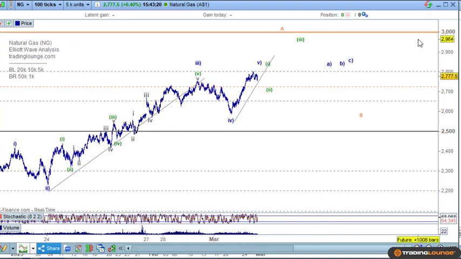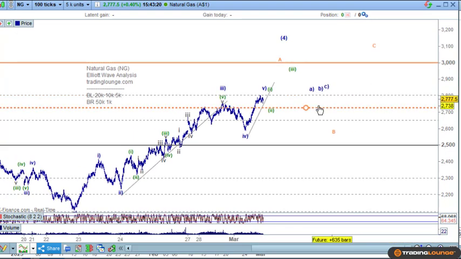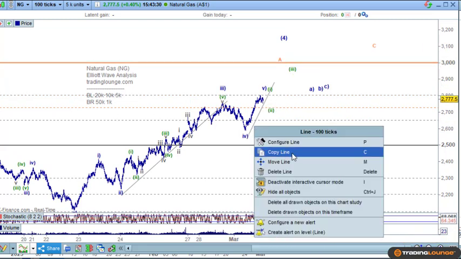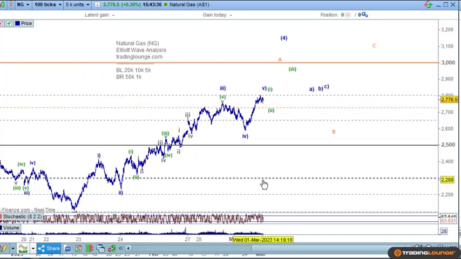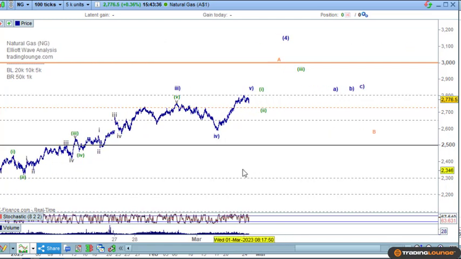I know that as an A wave here, or wave 1, it would like to get to this big number up here. So it could stretch itself up there. There's nothing stopping it. And the thing with commodities that we have to recognize is that quite often it's the 5th wave that you get the extension in. With stocks, it's the 3rd wave, but with commodities it can quite often be the fifth wave.